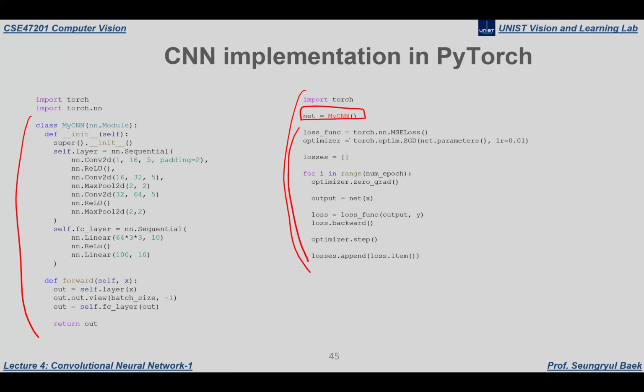This is exactly the same code we used for the linear regressor or for training the MLPs. We have defined the loss function. Here we will use mean square error loss, calculating the Euclidean distance between prediction and ground truth. And then we will also define the optimizer using gradient descent. There are other types of optimizer, and we will learn about them after this lecture.